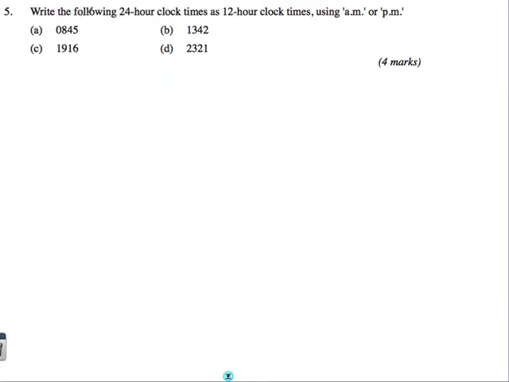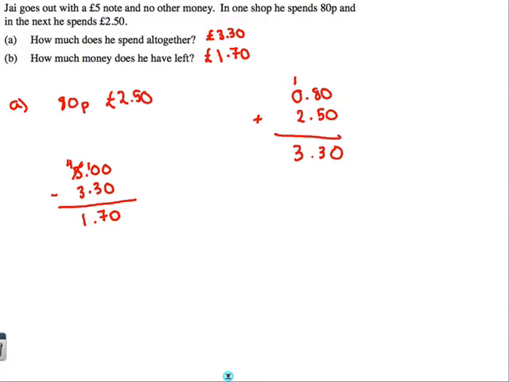Right, question 5. Write the following 24-hour clock times as 12-hour clock times using AM or PM. Now remember, the 12-hour clock does have an AM and it does have a PM. Let's start with question 5A. Looking at this, the first thing I'd like to know is: is the first hour bigger than 12? It's not bigger than 12, so we're not going to take away 12, and we're not going to add a PM, because go back to question 2.